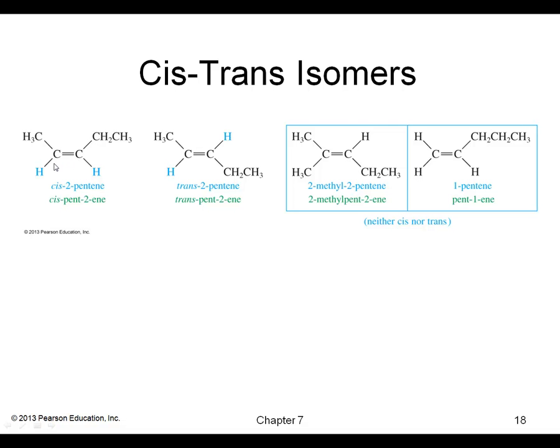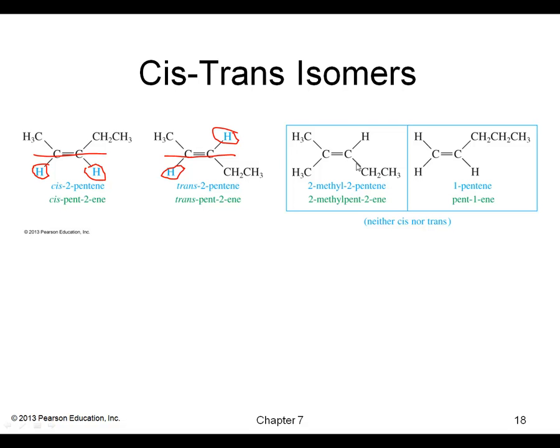But now what I am seeing is I can have two kinds of 2-pentene, where I can have the hydrogens on the same side of the double bond or on opposite sides of the double bond. So what I do is I always draw a line through the double bond and ask which side my hydrogens are on. If they're on the same side, I have the cis isomer. If they are on opposite sides of the double bond, then I have the trans isomer. So I put cis and trans in front of the name.